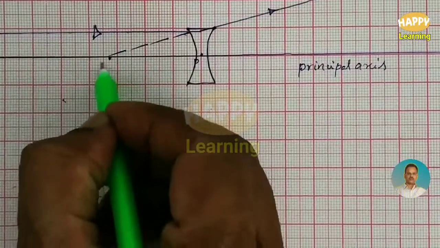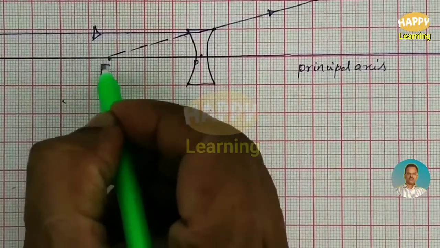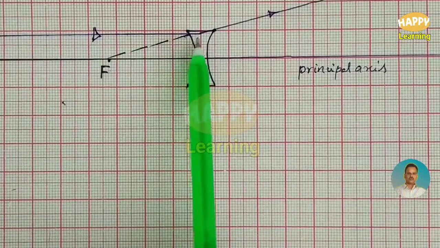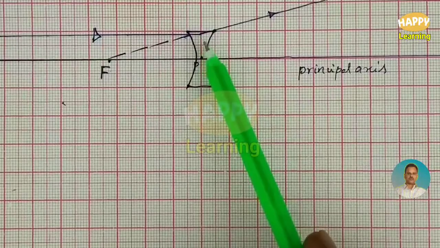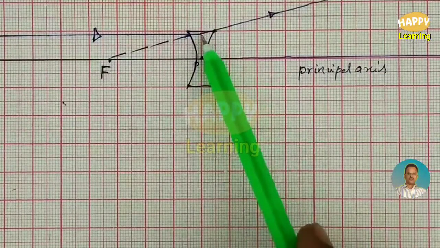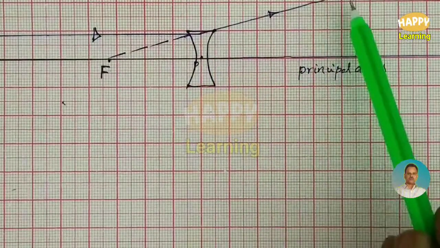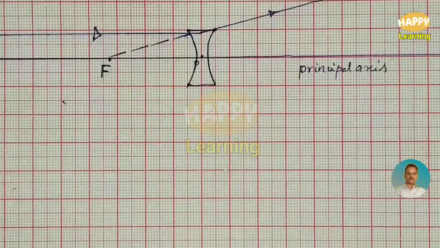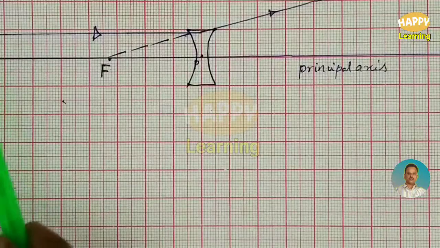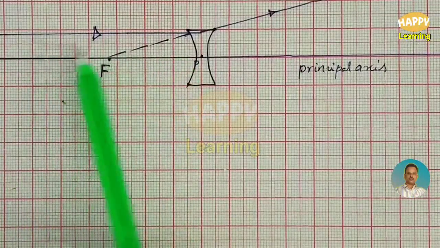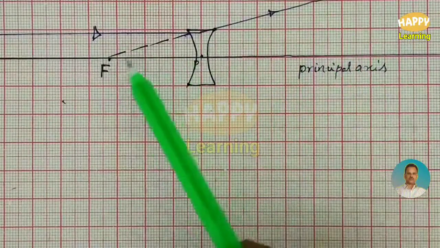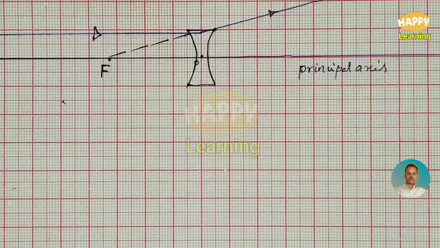From this focus point, this ray parallel to the principal axis, after passing through the concave lens, refracts in such a way that it appears to be coming from the focus. So initially it was parallel to the principal axis. Later it appears to be coming from this focus.